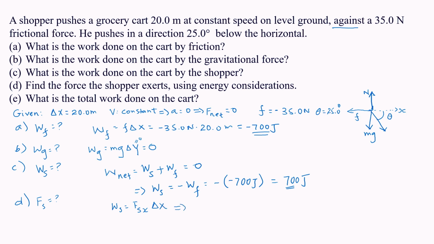The horizontal component of the force, F in the x direction, is this one here. That's F cos theta, done by the shopper. So work done by the shopper equals F cos theta multiplied by delta x.